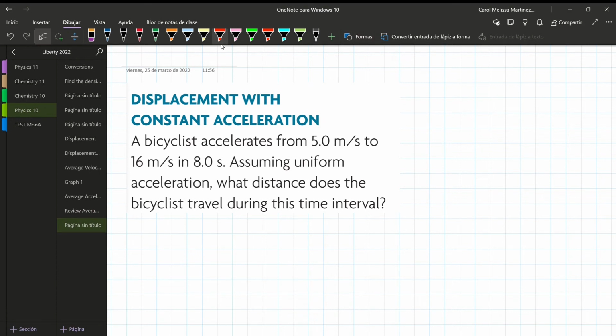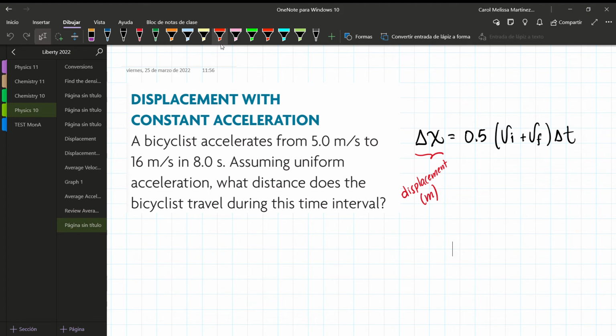Okay, the formula that we use in this topic is delta x equals 0.5, or 1/2, the addition of the two velocities, initial and final velocities, multiplying times the time. Okay, remember that delta x is displacement, and we measure displacement in meters. If it's not in meters, you have to convert.